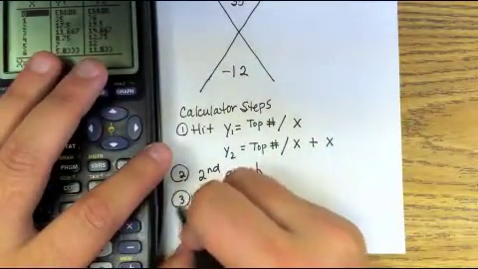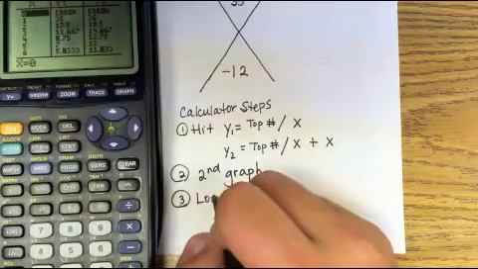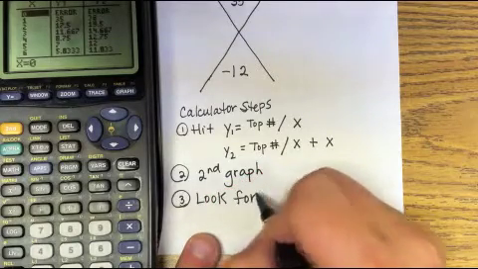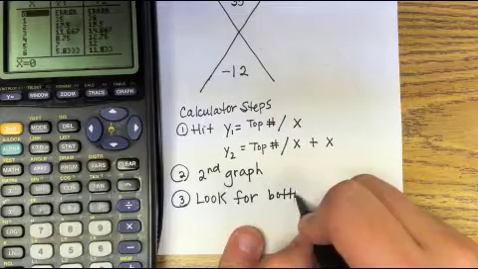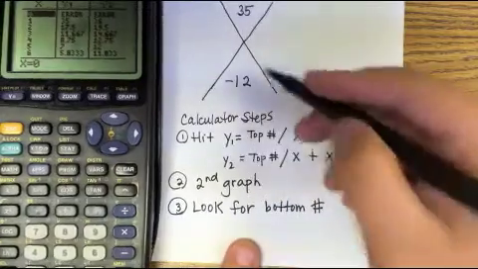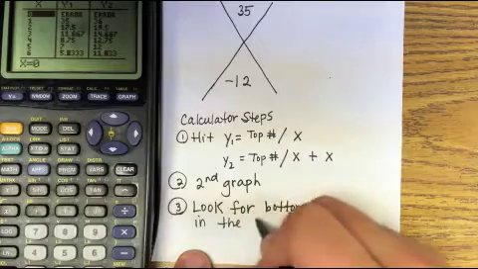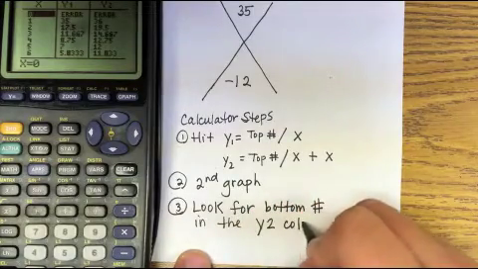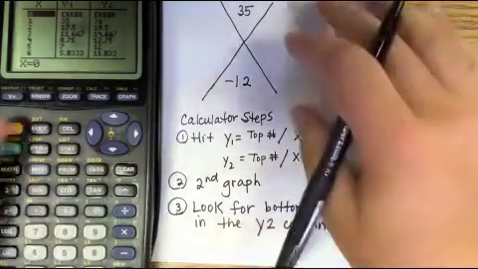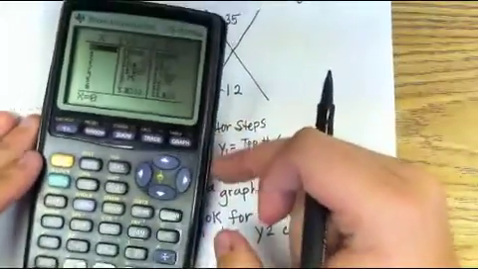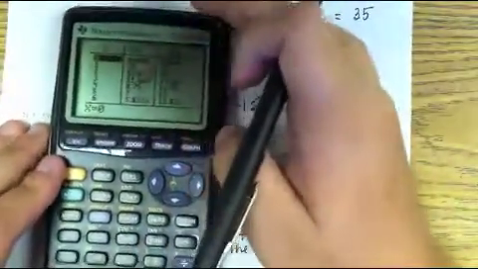Okay, this is where the bottom number comes in now. You're going to look for the bottom number, which in this case is negative 12, in the Y2 column. The way that you navigate through this, you just stay over where the X column is and go up or down.